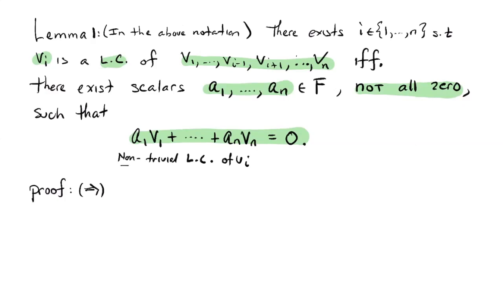What makes it non-trivial? Not all these coefficients are equal to 0; at least one of them isn't 0. So this lemma says that some non-trivial linear combination of the v's equals 0 if and only if you can write vi as a linear combination of the other v's for some i.